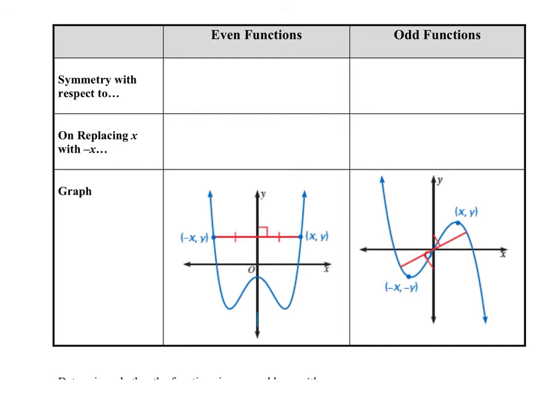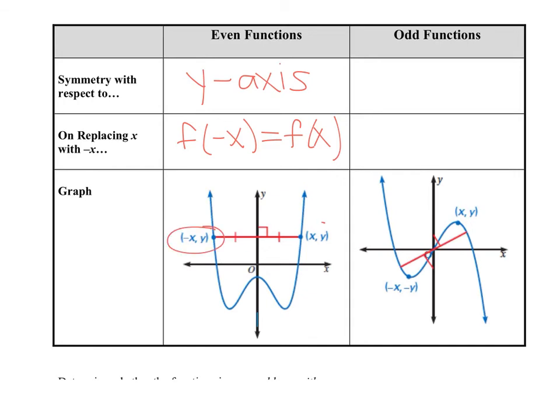One of the other ways we can describe a function is in regards to its symmetry. So there's two different types of symmetry we can talk about. Even functions, which have symmetry with respect to the y-axis. And so if we would replace x with -x, or the opposite of x, we'd get the same exact output. There'd be the same y value on both sides of the y-axis.